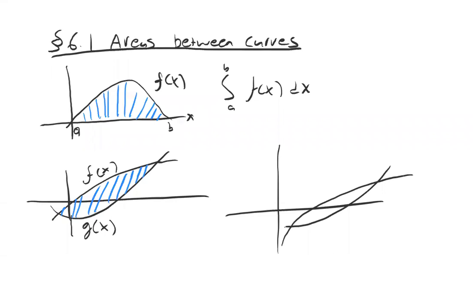Let's use red for f of x. The area for f of x is all that stuff. And the area for g of x, let's use blue, in this region is this. So g of x looks like this.